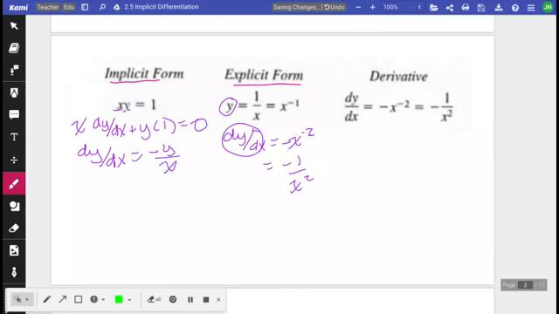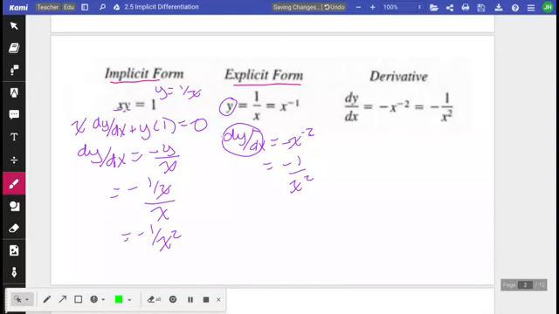Well, that doesn't look anything like the other one we have, except the fact that we know that y is equal to 1 over x if I were to solve that for y. So then I plug that in: negative 1 over x divided by x, which is negative 1 over x squared. Obviously that's a long way to do it in this specific case, but that would be the implicit form, and that would be the explicit form.